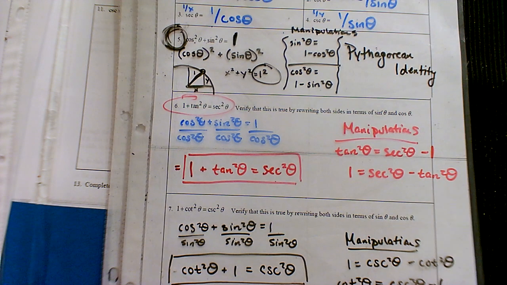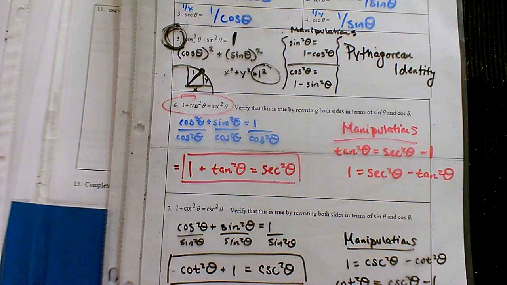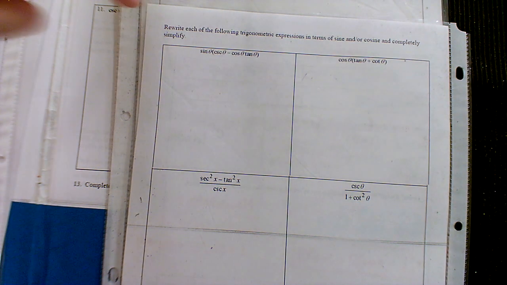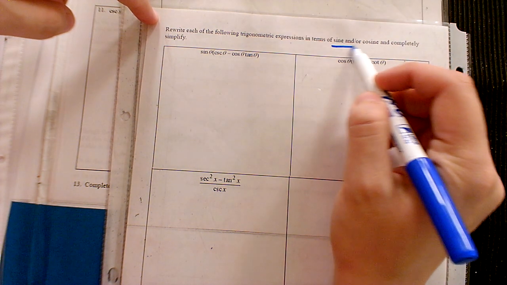What we're going to try to do today is just a few examples of how we can use these identities to help us simplify complicated trig expressions. I don't know how many we'll actually get through, but we'll just see how many we can do. So what we're going to try to do on the next page is rewrite each of the following in terms of sine or cosine and completely simplify them.